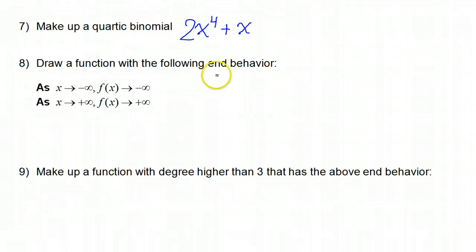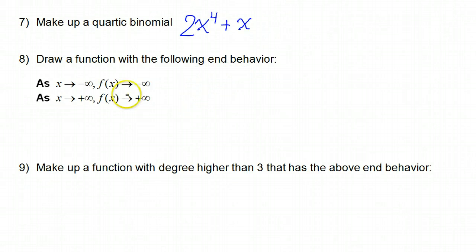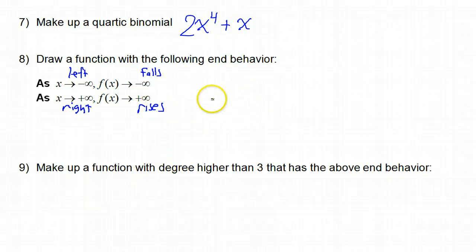Now, draw a function with the following end behavior. Alright, on the left it falls, and on the right it rises. This means on the left and this means on the right. So we need one that on the left it falls and on the right it rises.